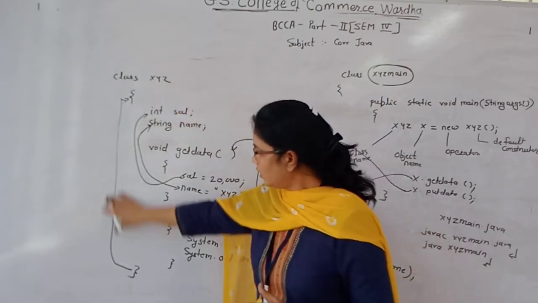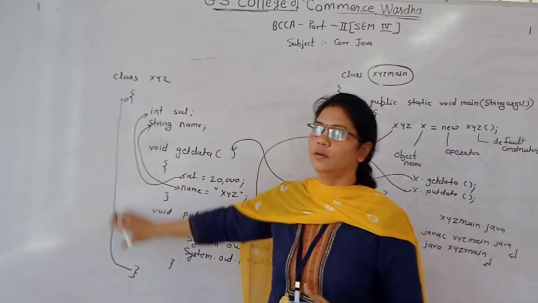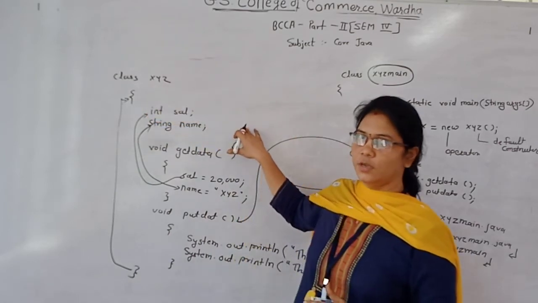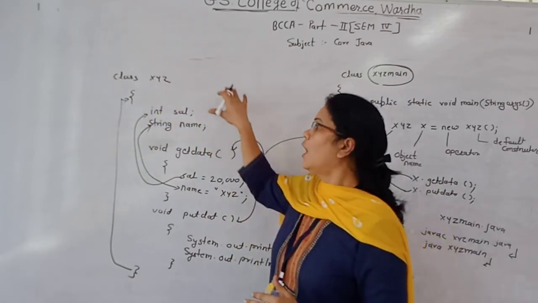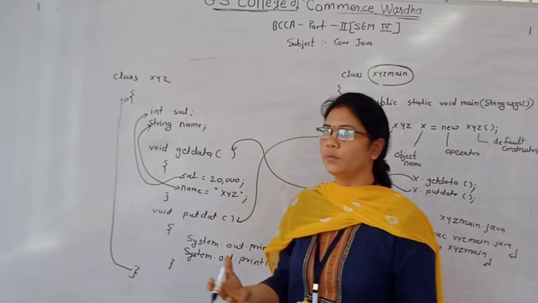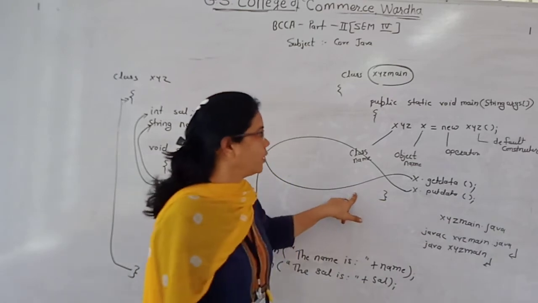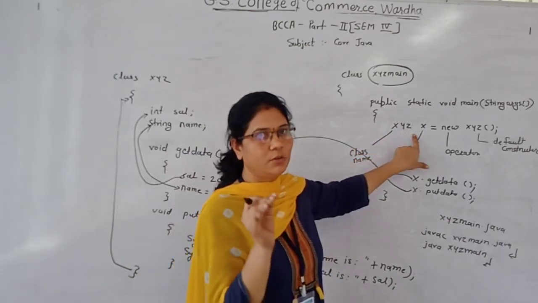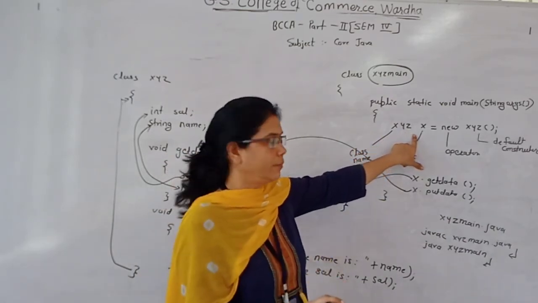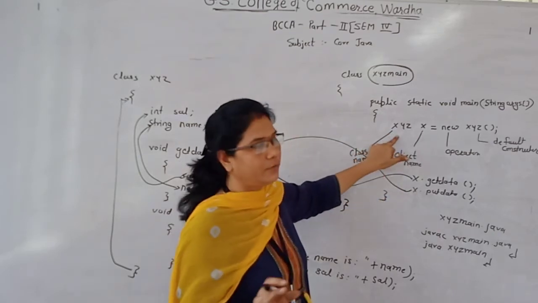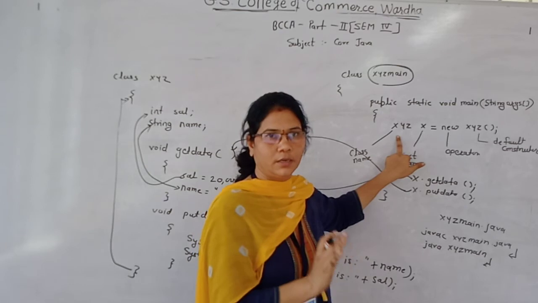Here we create the user defined data type, that is nothing but the class, which has a number of functions and data members. How are we going to use those data members and functions? By using the object. By using the object we can call all the data members and member functions of the class, but before that we have to create the objects.